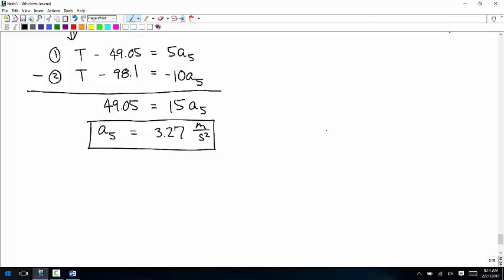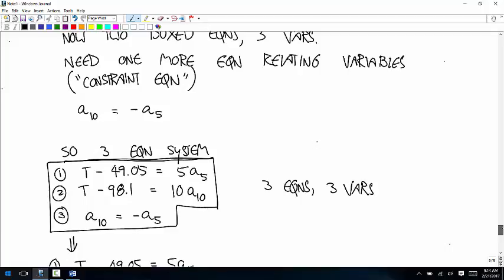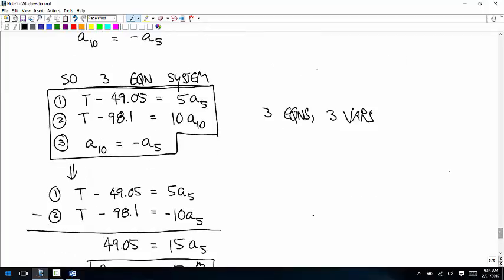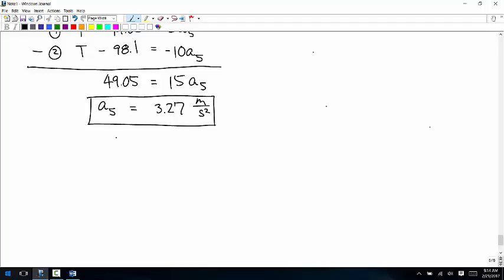And if we want the acceleration vector of one of those 2 boxes, say the 5 kilogram box, we can plug that back into the acceleration vector we used in Newton's second law. So the acceleration vector of the 5, if you plug that back in, is 0, 3.27. And now what about the tension? Now you can just plug that in, so either one of these 2 equations will work.